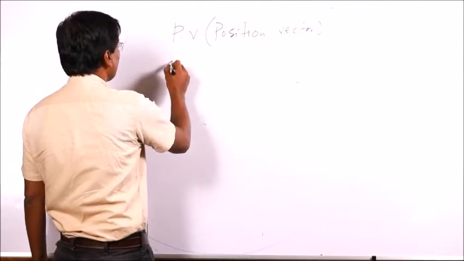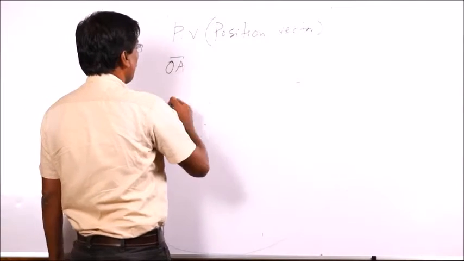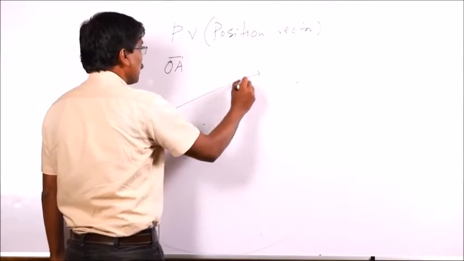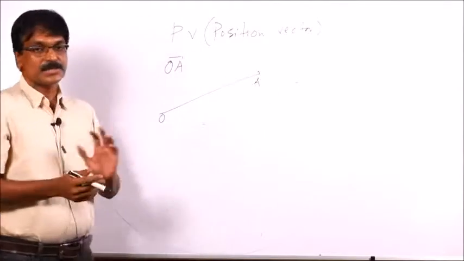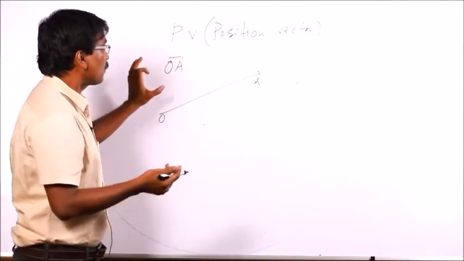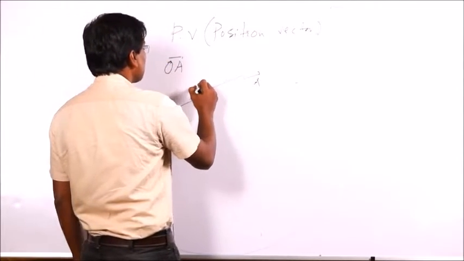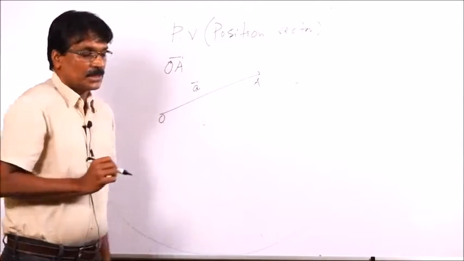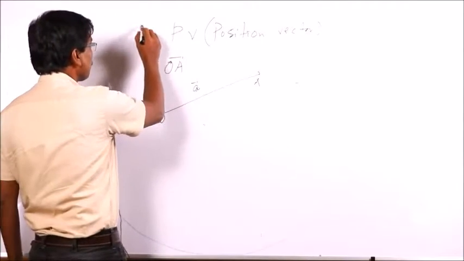Suppose we write the OA vector, where O is the initial point and A is the terminal point, then we call OA the position vector of A, and we represent it as the A vector.